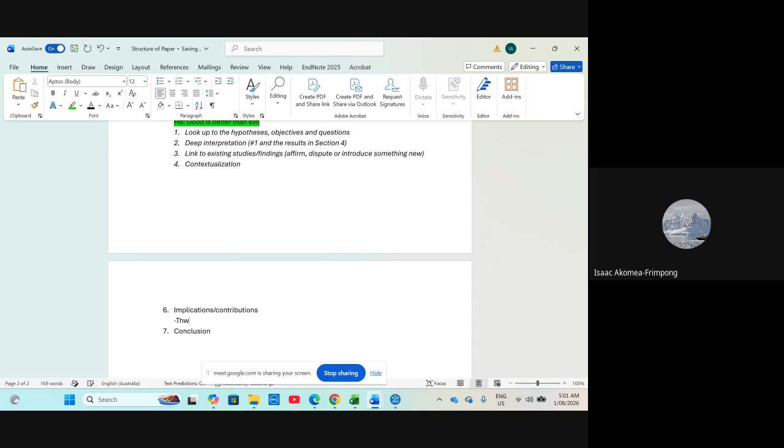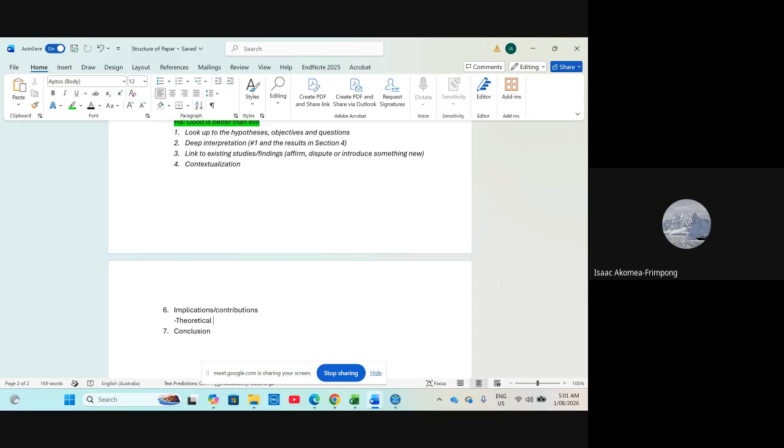You look at the theoretical implication. What is the contribution, what is the implication of the study to theory? Theory means what are you adding to what is already known in existing literature, especially for those who are going to use theories.